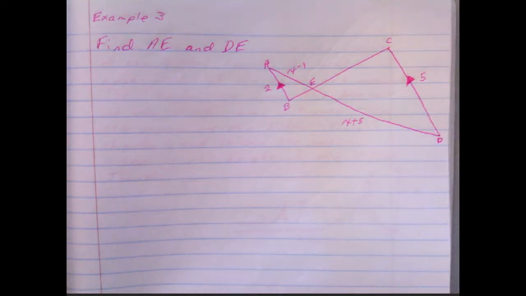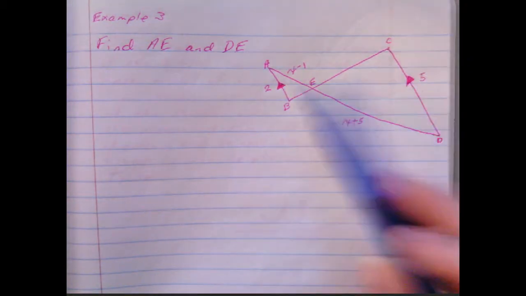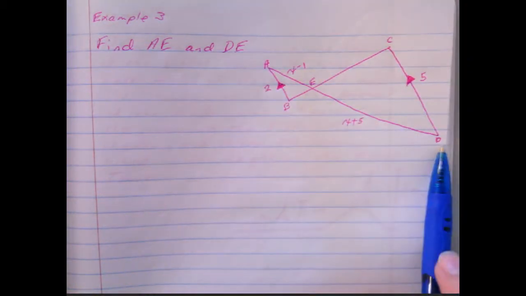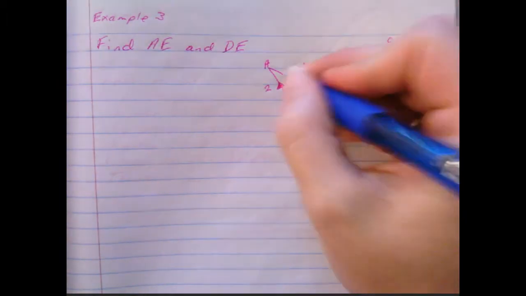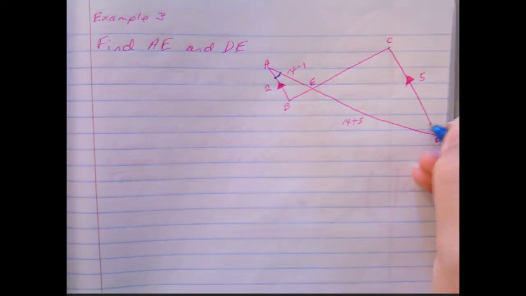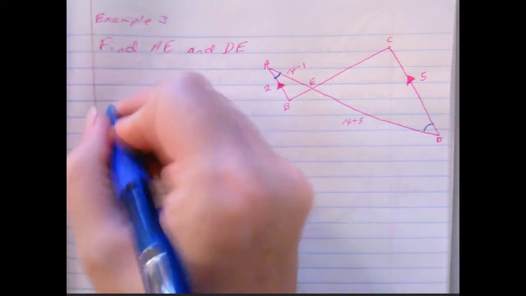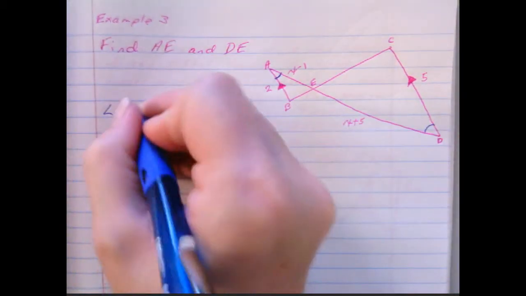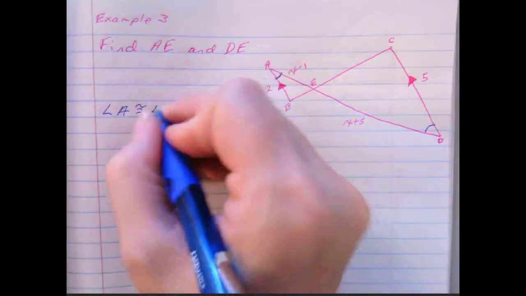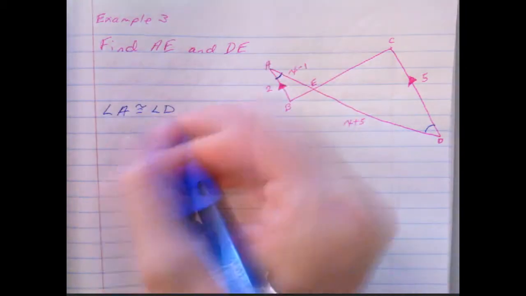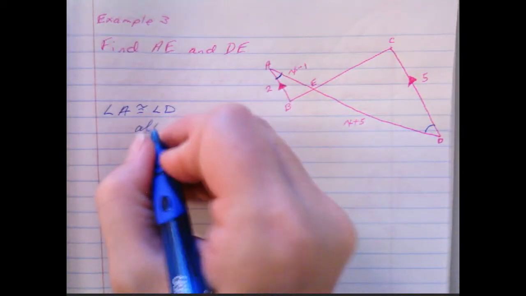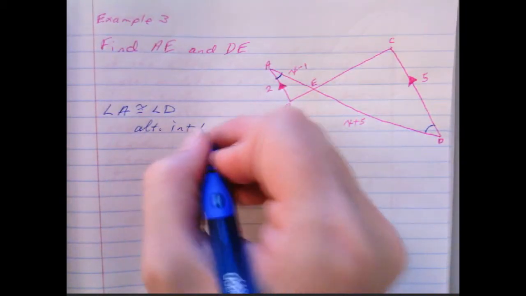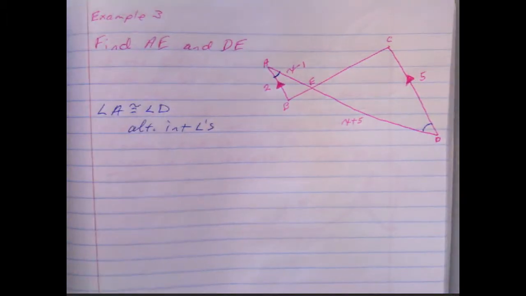Alright? So for this one, since we have parallel lines cut by a transversal, we can say that those angles are congruent. So we have angle A is congruent to angle D, and those are alternate interior angles. What else can we do?